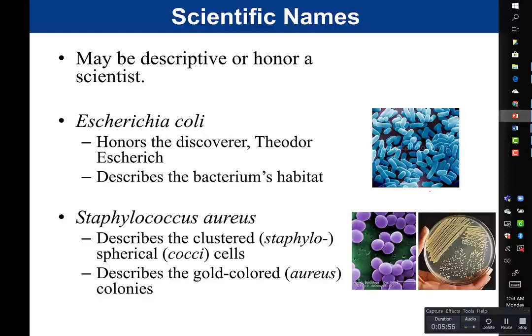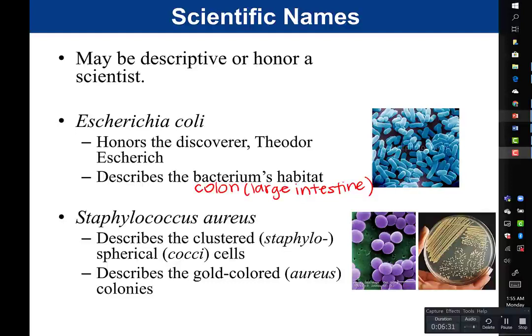If you think about coli, what part of the body do you think that refers to? That is the colon, which is the large intestine. E. coli is a type of bacteria found in the gut, and it is part of your normal flora in terms of bacteria that's in your gut. So the coli, the species name, describes the bacterium's habitat. Again, E. coli is going to be found in the colon or the large intestine.